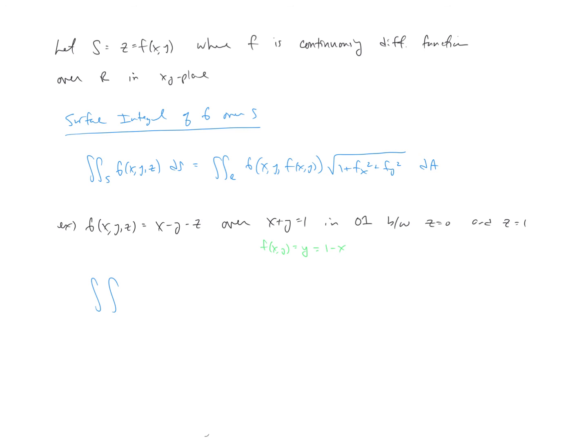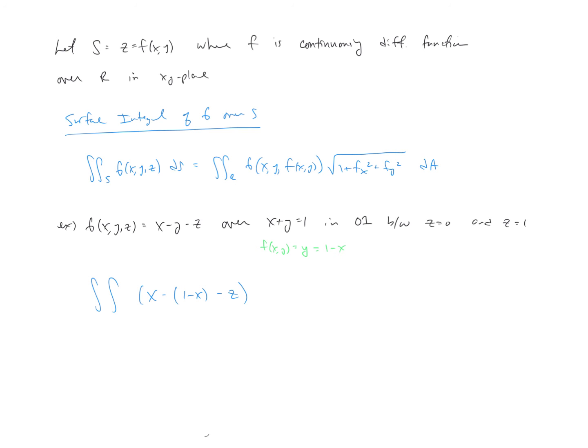Therefore, when I evaluate x, y, and z, my x is going to be x, my y is going to be 1 minus x, and my z is going to be z. Remember, you're allowed 2 variables or 2 parameters in here, and the way that I've set this up, I've allowed for x's and z's.